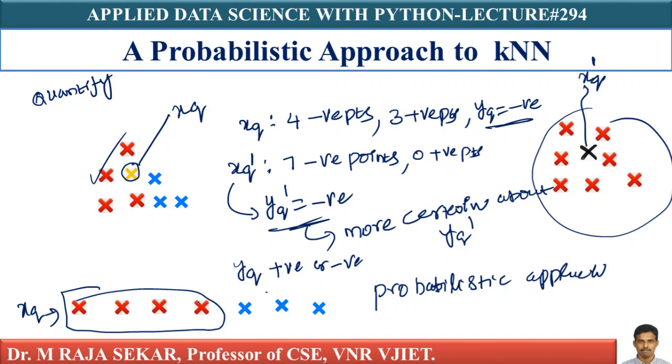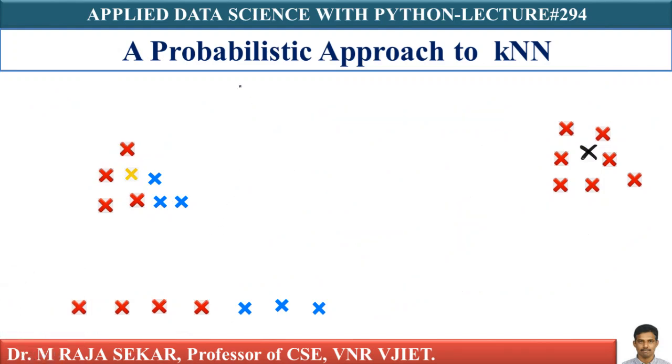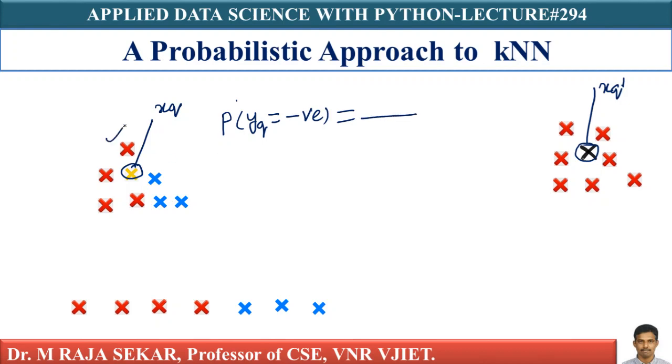What if I say the probability, as I told you, this one is xq and this is xq dash. The probability that yq is negative: how many points are there? 1, 2, 3, 4, 5, 6, 7.